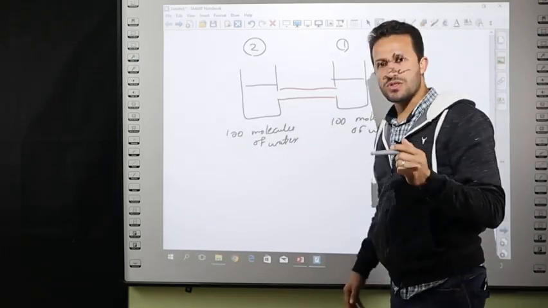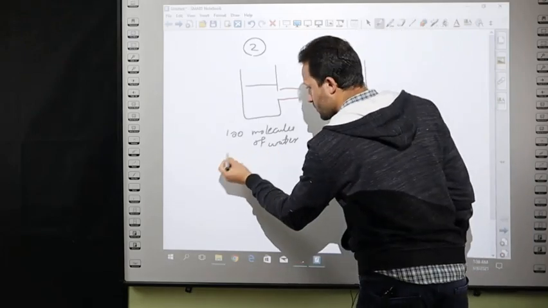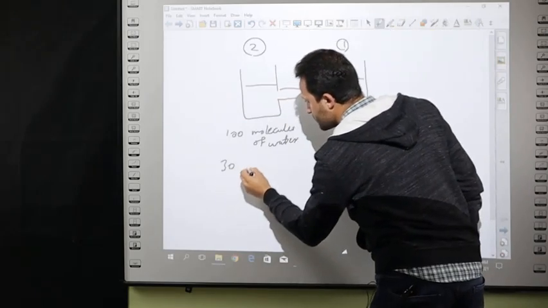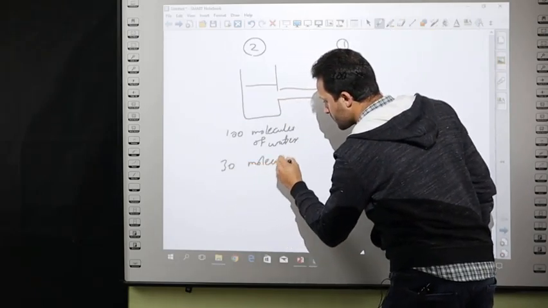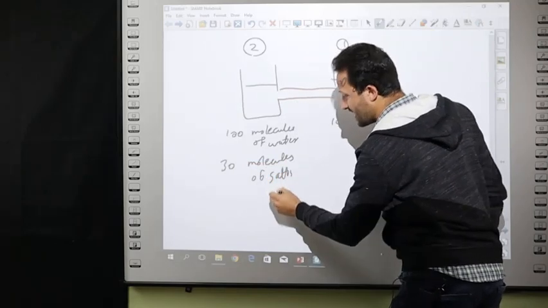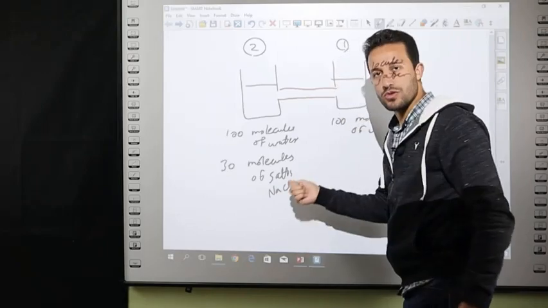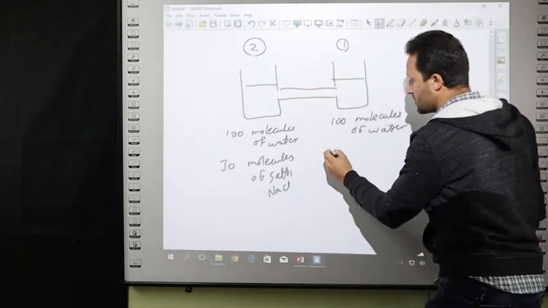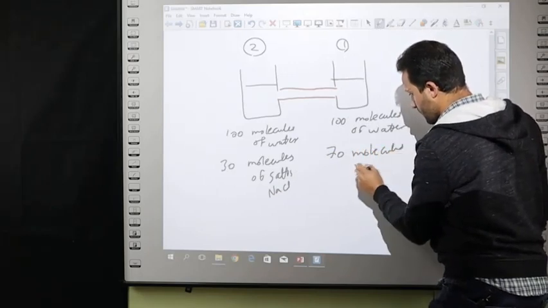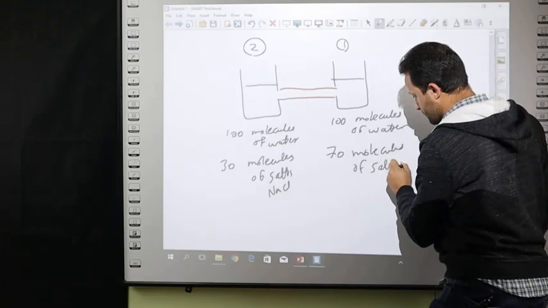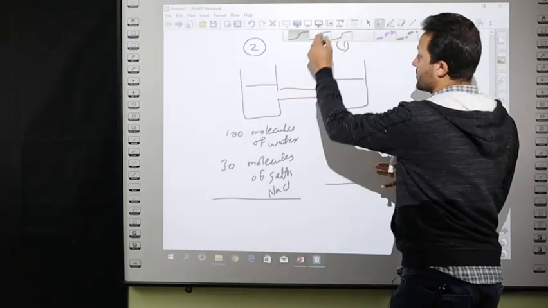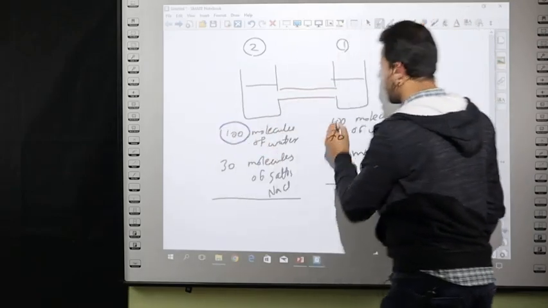But after putting some salts, if we put here, for example, 30 molecules of salts, like NaCl, the table salt we use, and we put here 70 molecules of salts, they are still equal in the concentration of water.